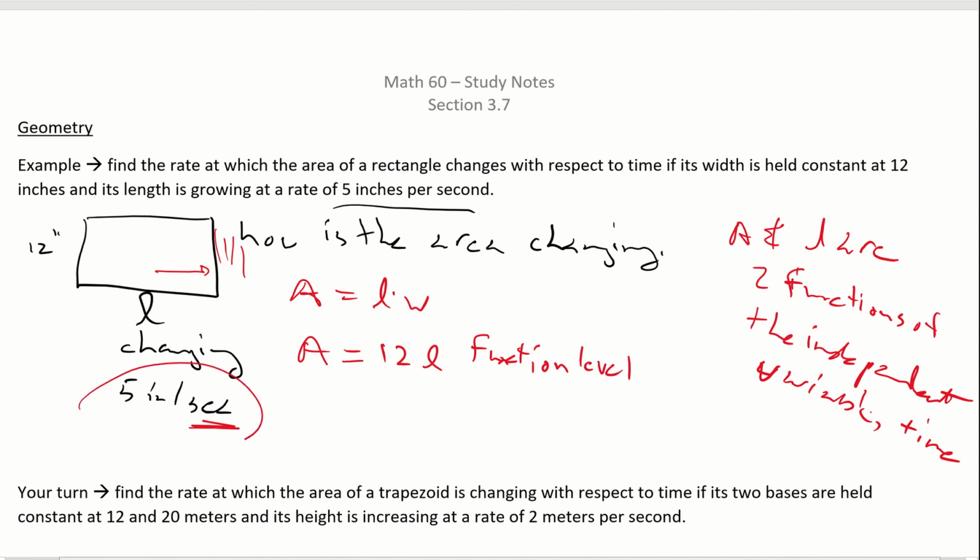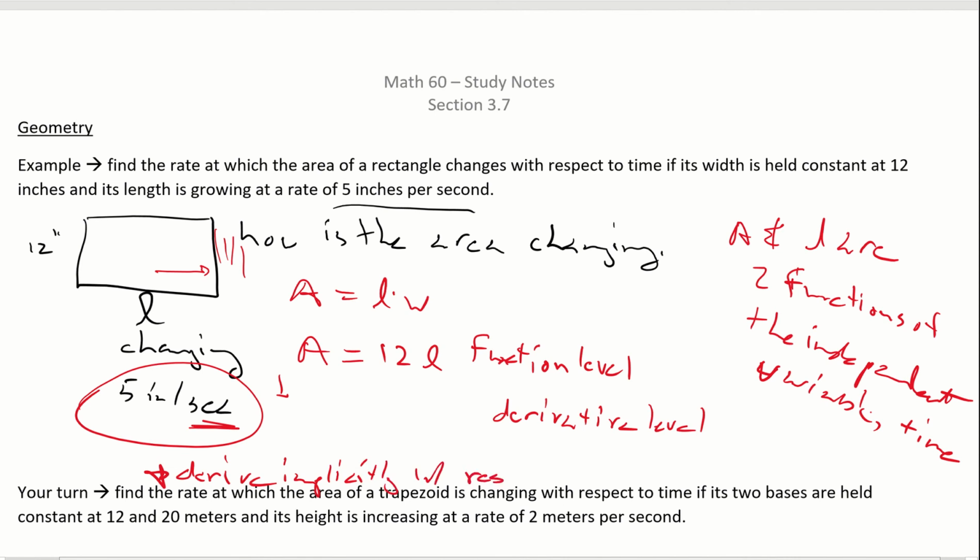But we had a rate given to us. So what we're going to do is drop down to the derivative level. And the way we do that is we derive implicitly, believe it or not. Derive implicitly, this is a big step, put a star there, with respect to t.